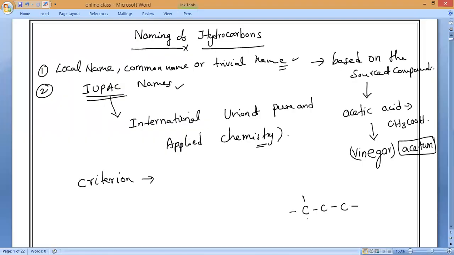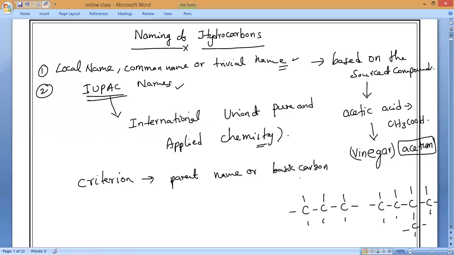Yes or no? Please respond. So based upon the parent name, or basic carbon skeleton, they will choose a new compound's name.